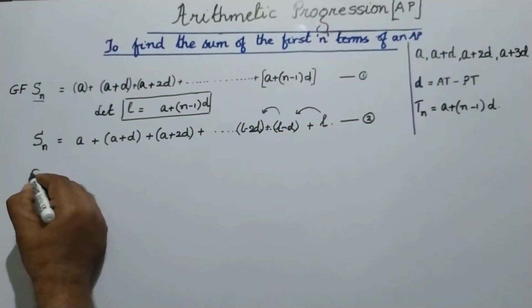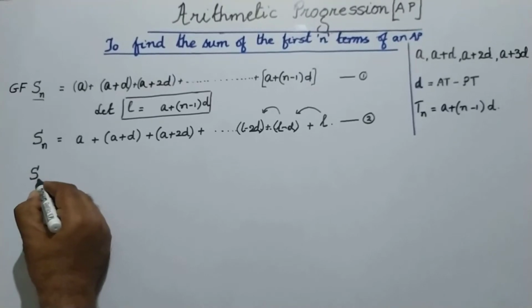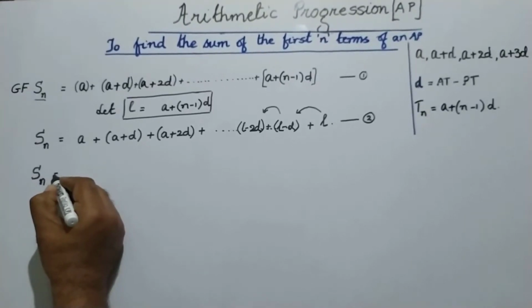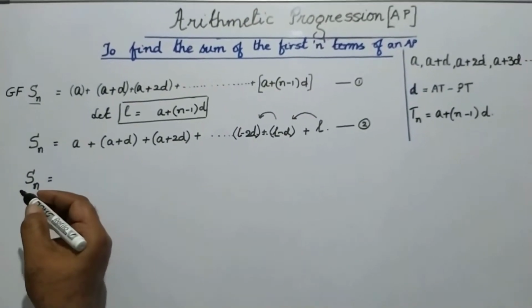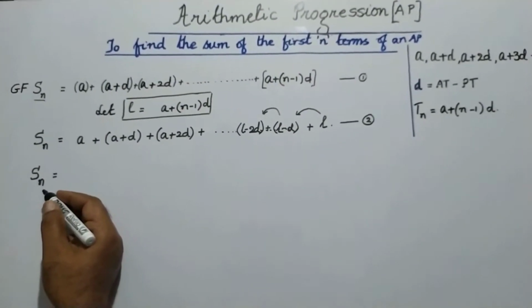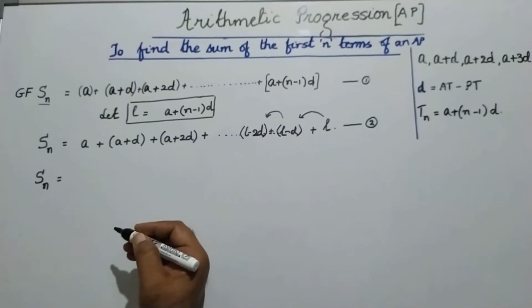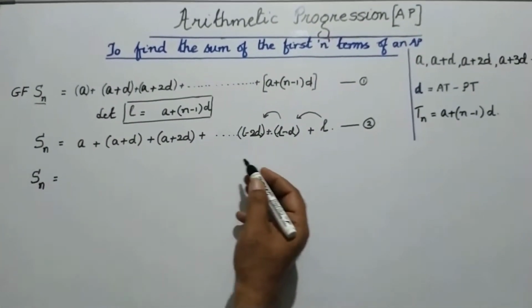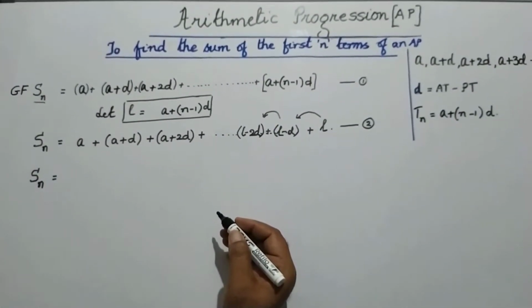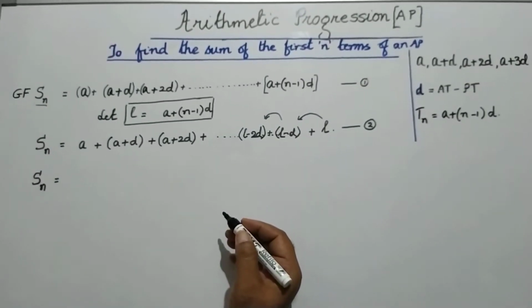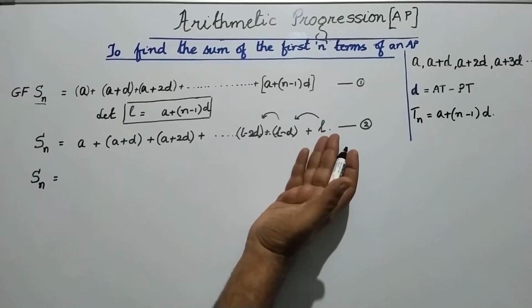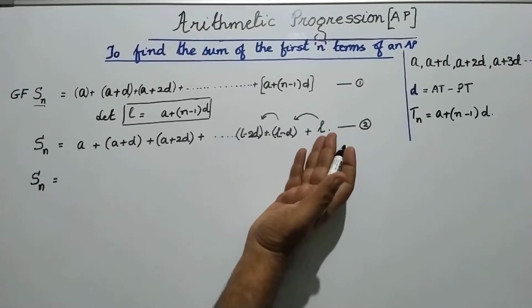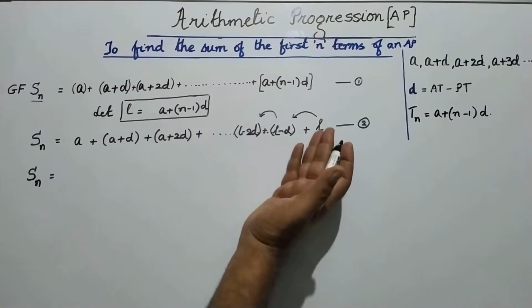The same sum of the n terms is the same as, we know that in whichever order we add, the answer remains the same. So what we'll do, we'll write equation 2, the right hand side, in the reverse order.